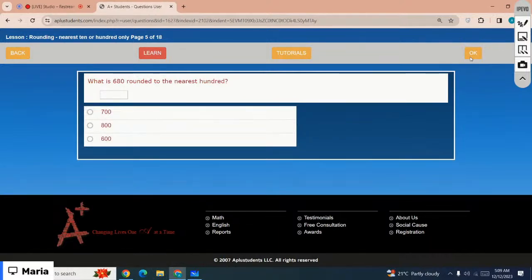What is 680 rounded to the nearest 100? Which is the correct option?